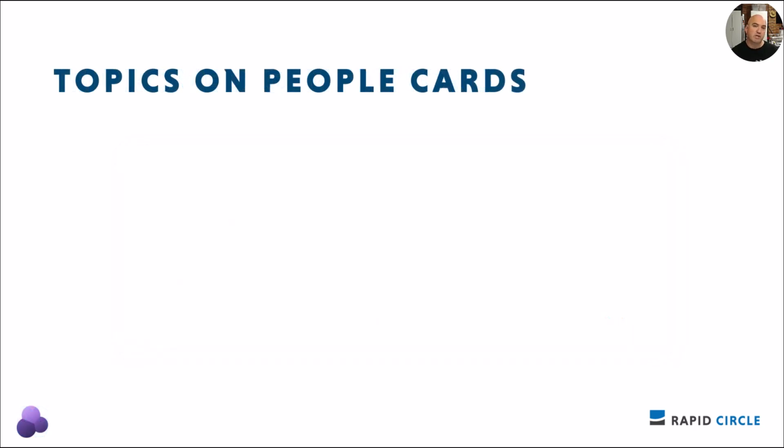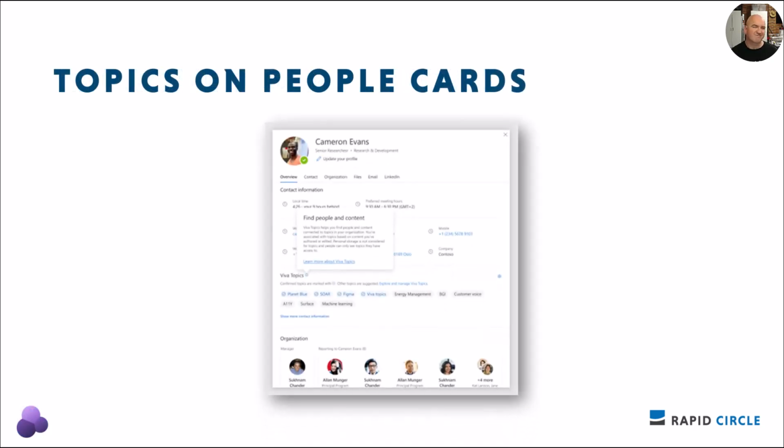Now, do you ever look at a colleague and think to yourself, why do you work here? Well, now Viva Topics helps answer some of those questions by showing you what topics that person is an expert in. When you select someone's name or picture in Outlook or Office web apps, including SharePoint, like the SharePoint web part where you can see a person hover over them, you'll actually be able to find that information on their profile card using Viva Topics.